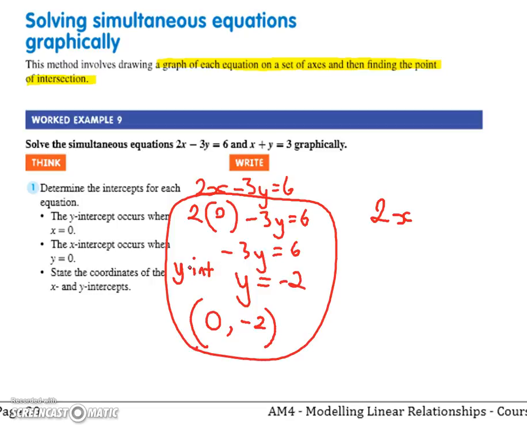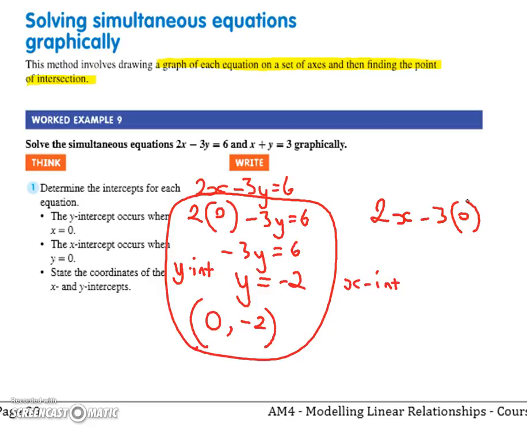How many points do you need to make a line? We're trying to find the x-intercept now. What do we have to sub in? We have to make y equal 0, because the only time it intercepts the x-axis is when y equals 0.